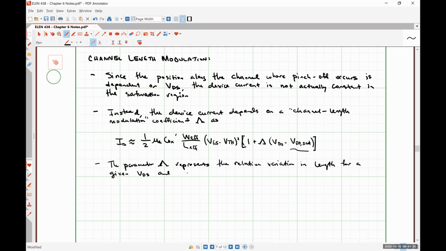And thus, longer channel devices have smaller Lambda than shorter channel devices.